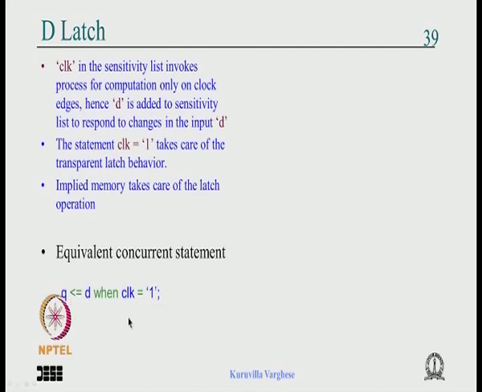As far as a concurrent statement is concerned, the simulator computes whenever there is an event on the right hand side. So if there is an event on D or on clock, this will be computed: if clock is 1, Q gets D, otherwise if clock is 0 it remembers. So this works perfectly.